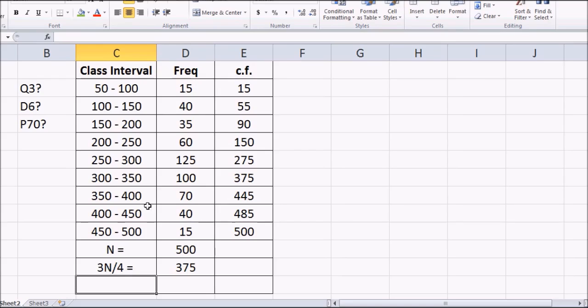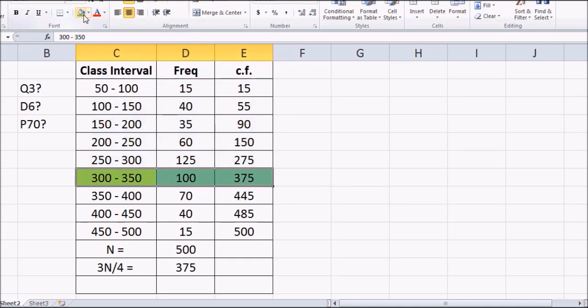So I need the 375th data from here. Of course, we will get the class, and then from there we will have to use the same interpolation formula and calculate the values. So my data from 1 to 15 falls in this class, from 16 to 55 here, from 56 to 90, from 91 to 150, 151 to 275, and 276 to 375 falls in this class, that is from 300 to 350.